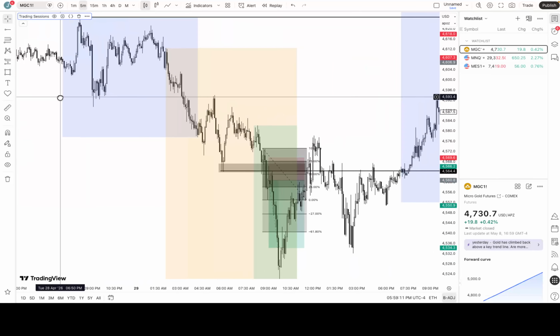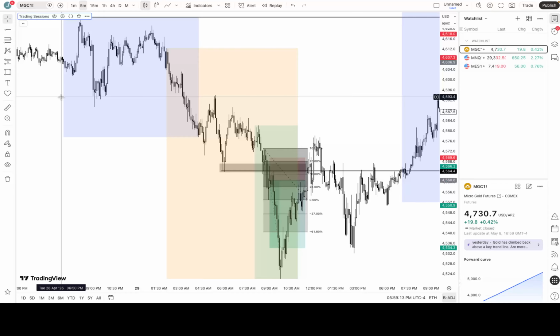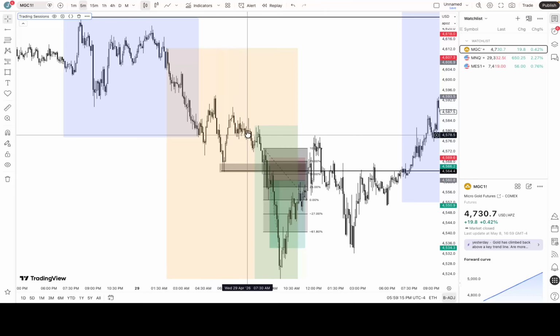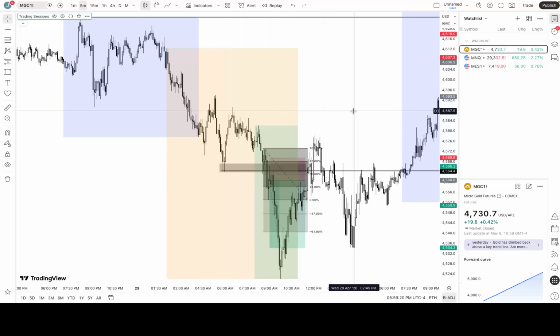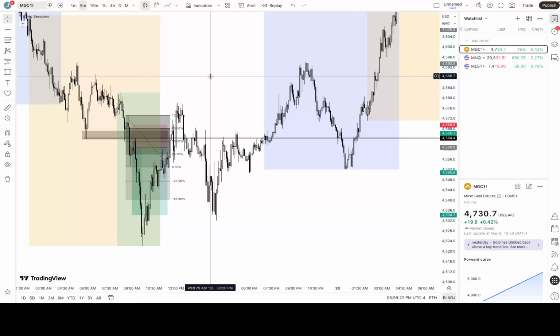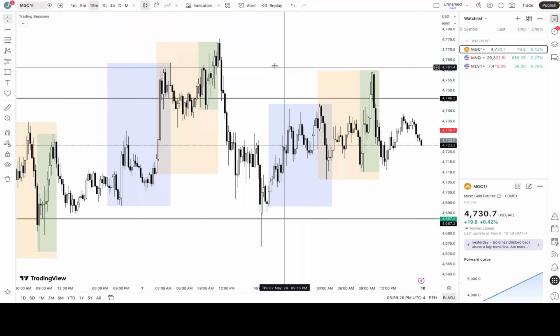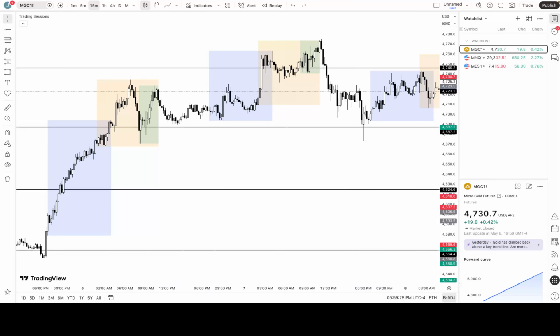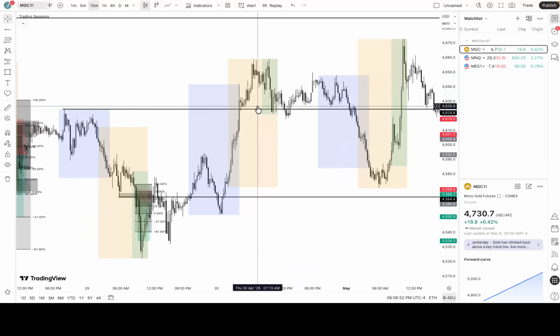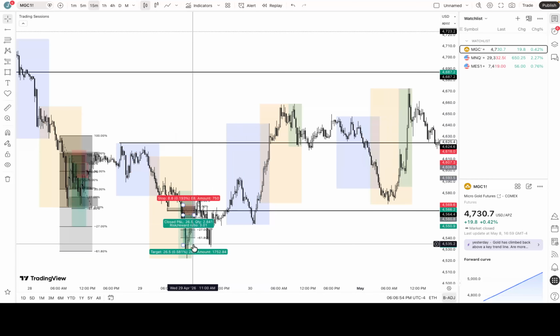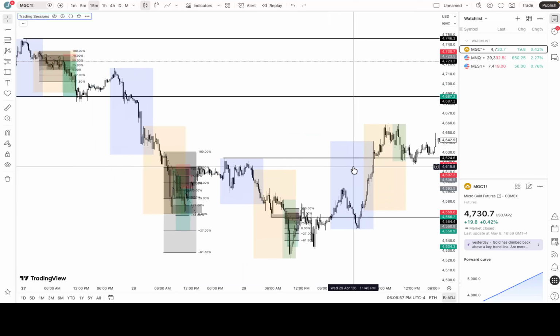We need to wait for price to give us the most convicting thing, and the most convicting thing here was either a sweep of liquidity to the upside or a break of structure here and then a retest. So I'm probably going to start looking for way more convicting entries. Okay, so that would probably be the only trade for that day. I really just want to get one good quality trade, you know.